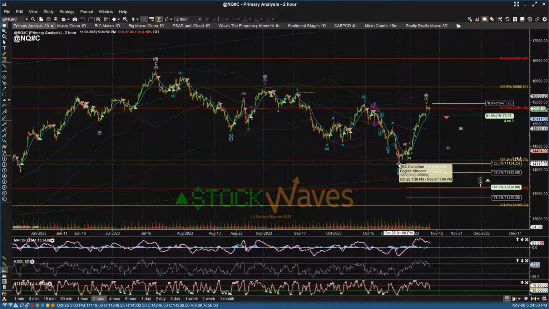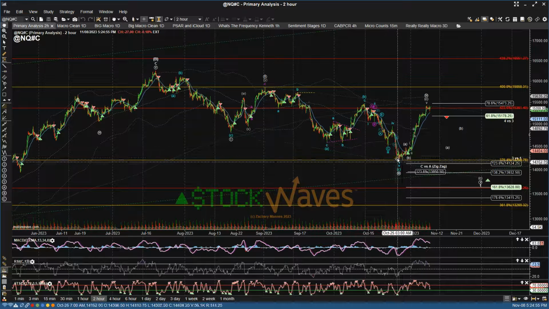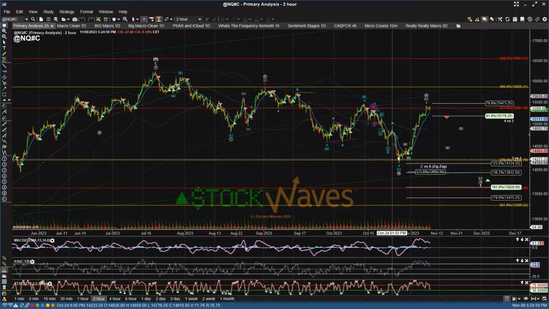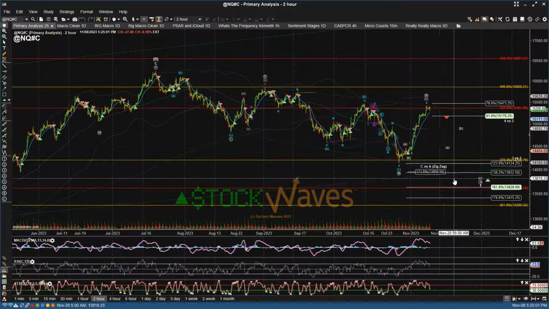And this only got to a 1.236 extension. So allowing for that to be the further extension of the 3rd in the SPX, just so that we can keep these on a similar trajectory, kind of makes sense.